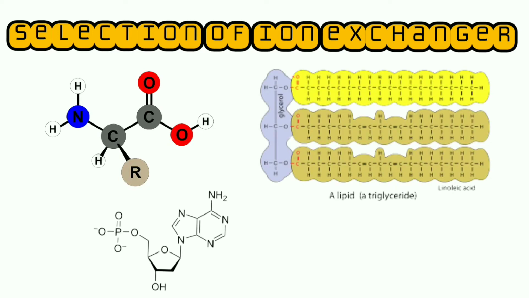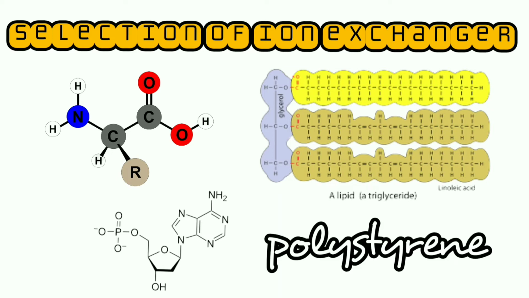Okay, now we approach the selection of the ion exchanger. The nature of the molecules to be separated must be considered first. For relatively small, stable molecules like amino acids, lipids, nucleotides, carbohydrates, pigments, etc., the synthetic resins based on polystyrene are most effective.